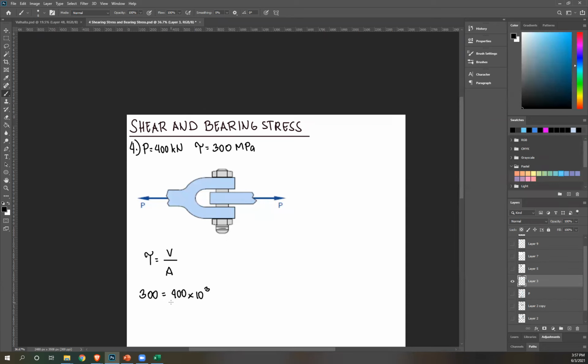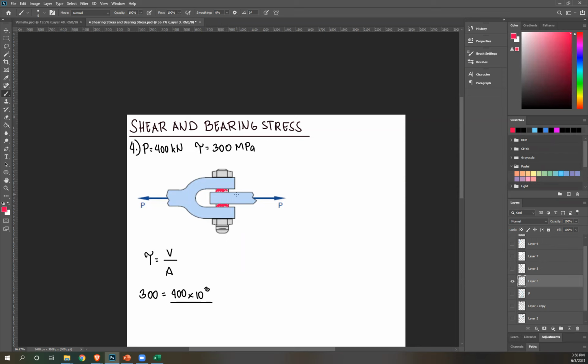And then how about the area? Now make sure to analyze the given drawing carefully because, as explained earlier, make sure to identify which areas are experiencing your stress. In this case, if you have a clevis or a bolt, the areas that are experiencing stress are these.